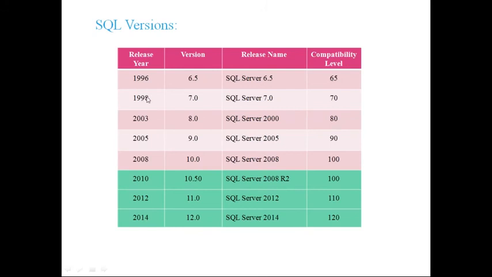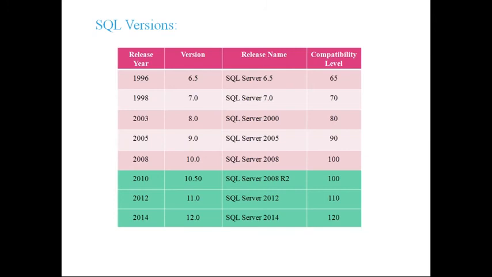And in the year 1998, they released 7.0 and the version is 70, and the same for 2000, 2005 and 2008. You can just ignore 6.5, 7.0, 2000 and 2005, because I don't think any organizations are using these outdated versions.